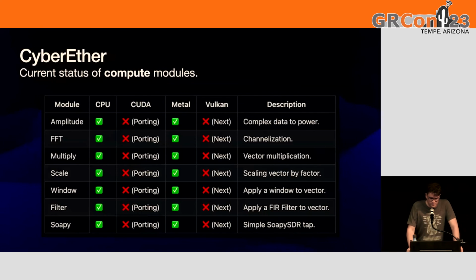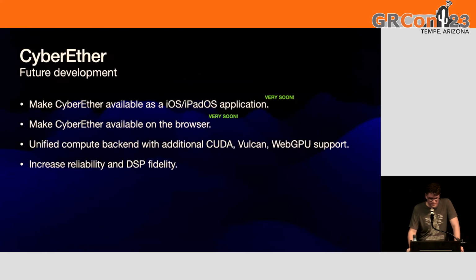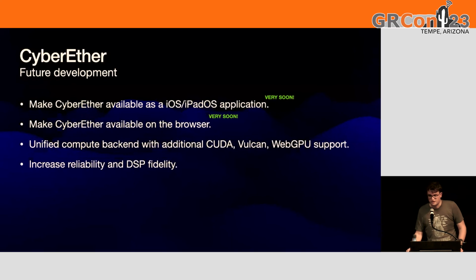Current status on compute modules: currently CPU and Metal, but I am planning to make a unified compute backend with additional supported languages, for example, CUDA, Vulkan with a K, not a C, and WebGPU.